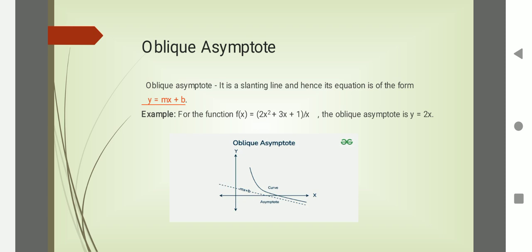An example is also given. For the function f(x) is equal to (2x square plus 3x plus 1) divided by x, the oblique asymptote is y is equal to 2x, whose slope is 2 and constant is 0.